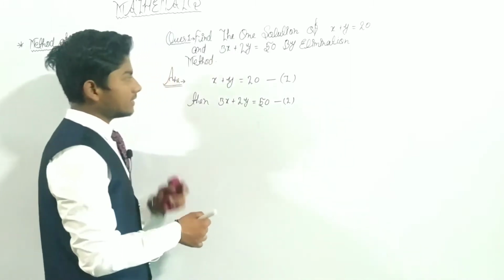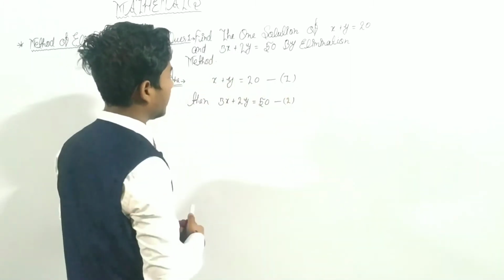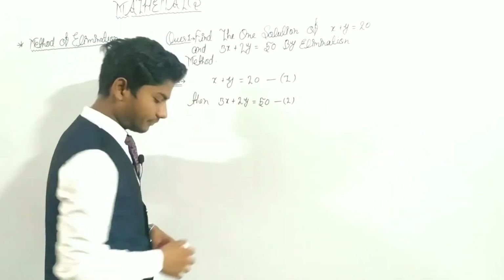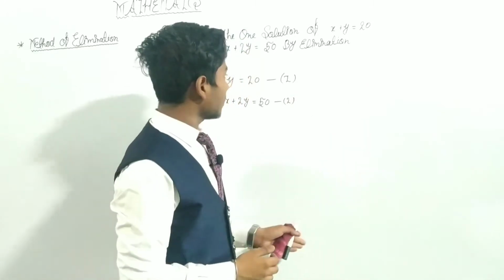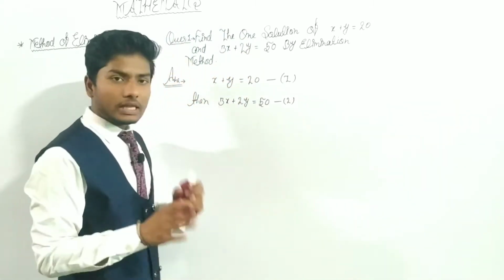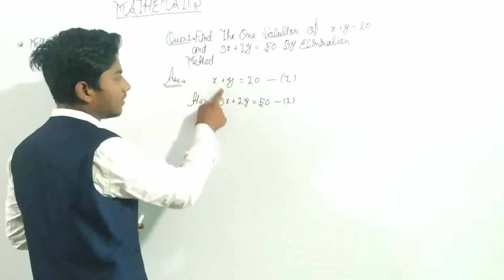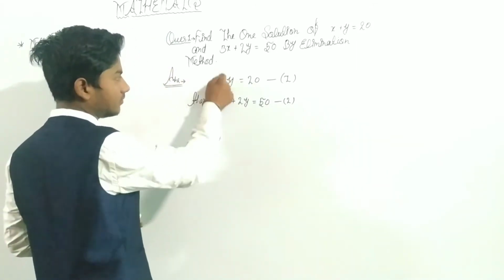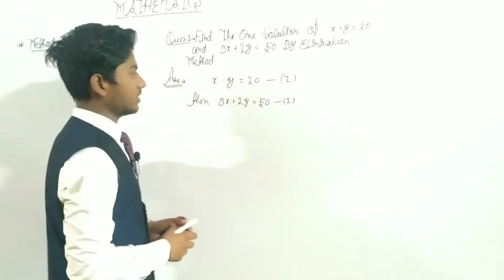For this we multiply the first equation by 3, because we can eliminate a variable only when the first term of the variable is the same in both equations.